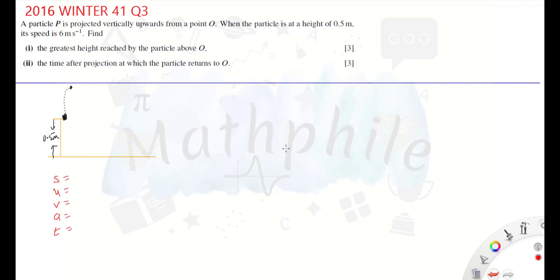And that is where we are going to get it from. Derek, do you know this question is telling us that when the particle is at a height of 0.5, its speed is that? Actually, this is not a type 2 question. It's actually type 1. It's projected from the floor. But when the particle has traveled 0.5 meters upwards, the velocity is 6 meters per second.